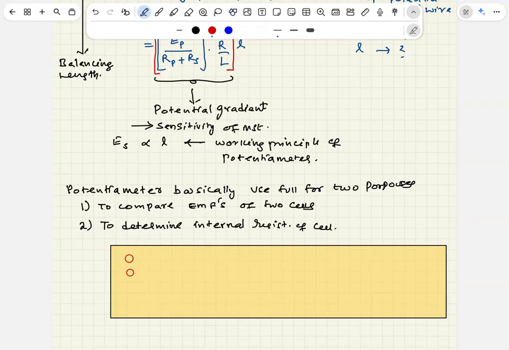I'm just showing only a few. Actually you will have 10 lines each of 1 meter, because a physics laboratory is not like a cricket ground. 10 meters, no room will be of 10 meters.